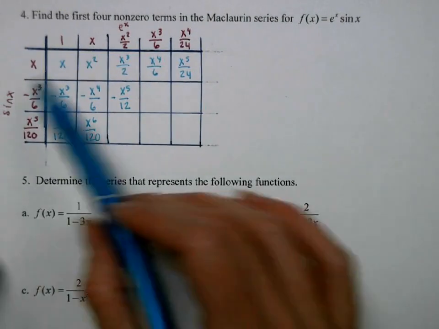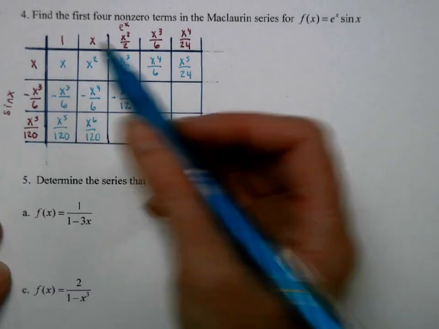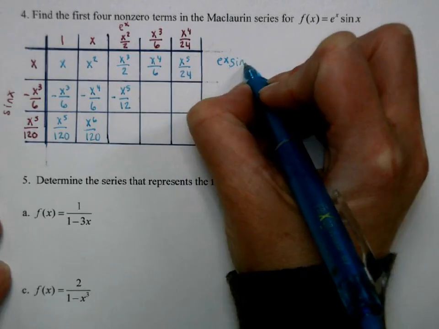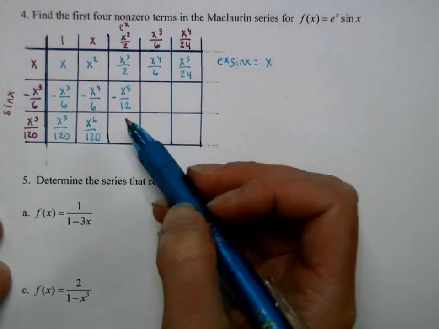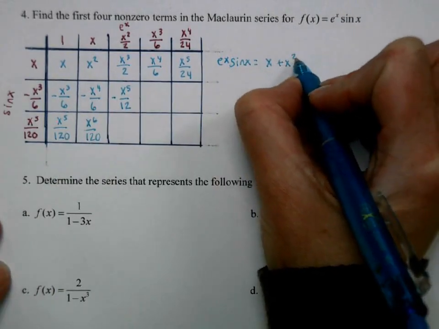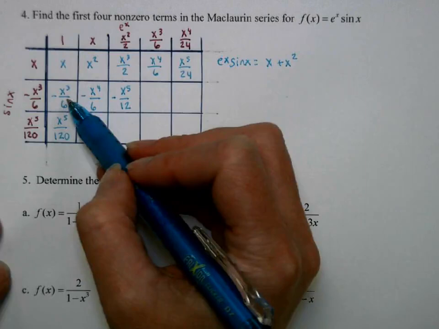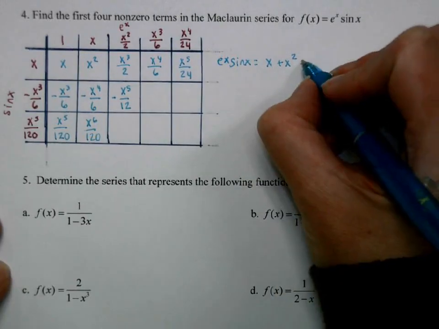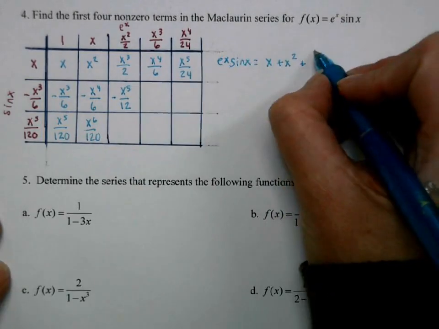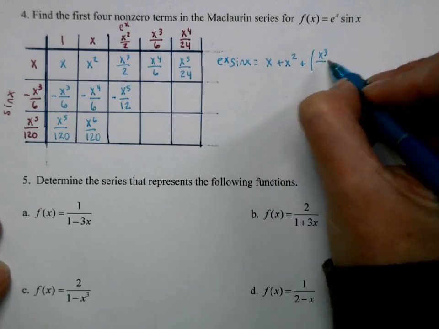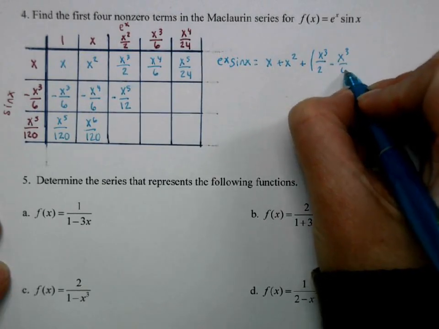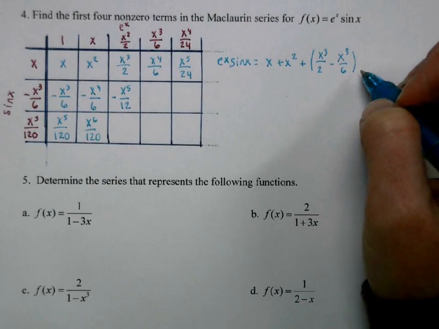So I have a degree 1, so x. I have 1 degree 2. I have 2 degree 3s. So I've got an x cubed over 2 minus x cubed over 6. Okay, I've got to do 2 degree 4s.